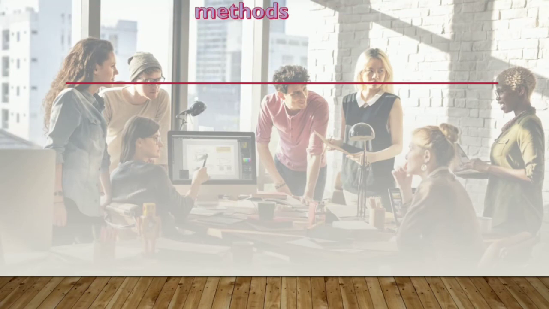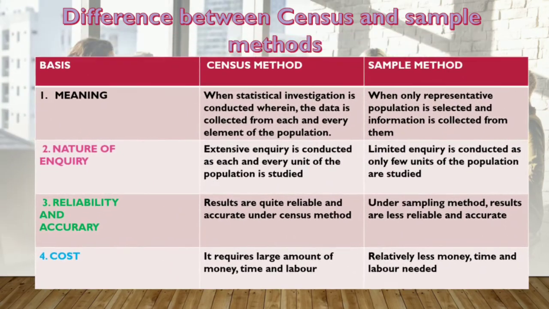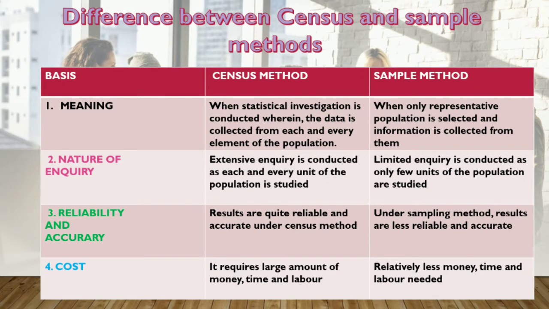So now let us discuss the difference between the census and sample methods. So I have come up with 4 differences between census and sample methods: meaning, nature of inquiry, reliability and accuracy, and cost. So census method is that method in which each and every item of the population is selected, that is, nothing is left.